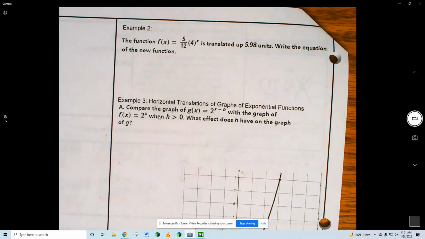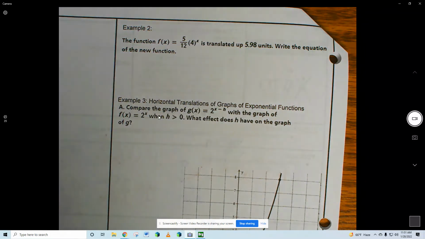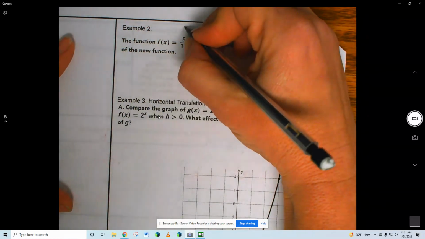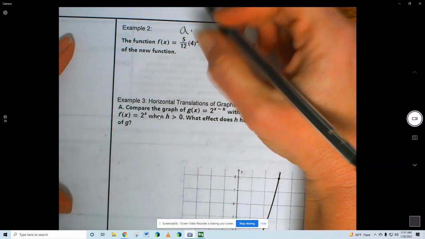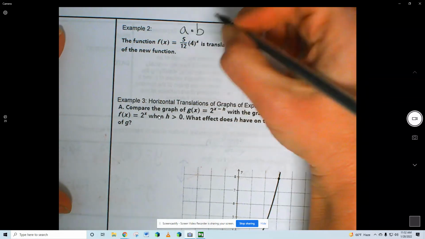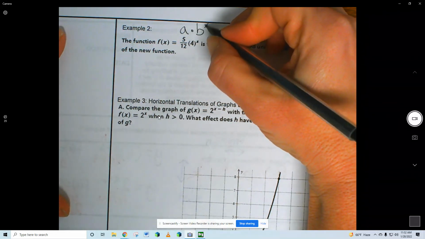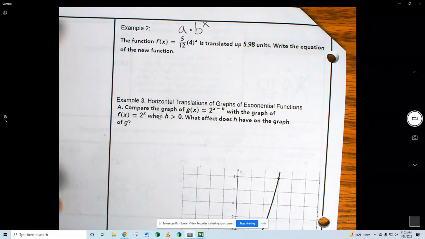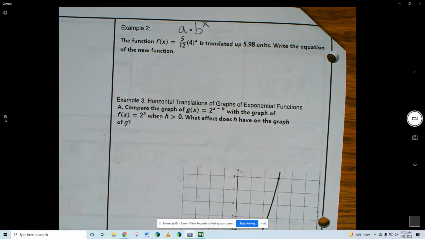All right, if this is my formula, 5/12 is my y-intercept. My ratio is 4, which means quadruple, raised to the x power. And then I say, you guys, I want you to shift this up 5.98, basically 6.